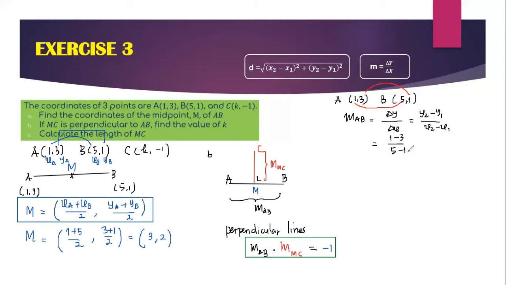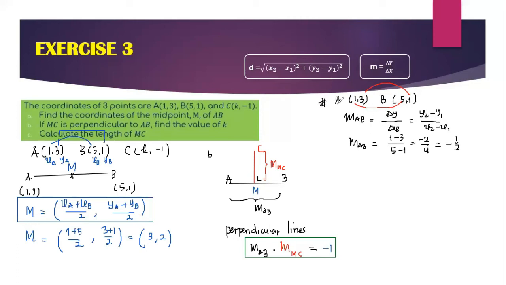Is it correct? Yes, sir. So the answer is minus 2 over 4, and finally we got minus a half. This is the gradient AB. Clear?